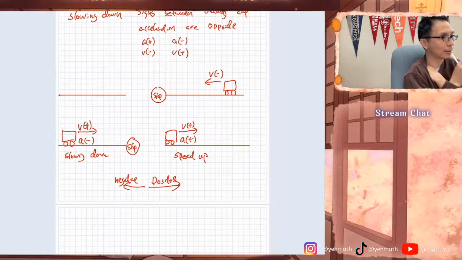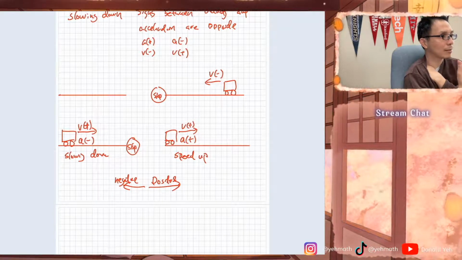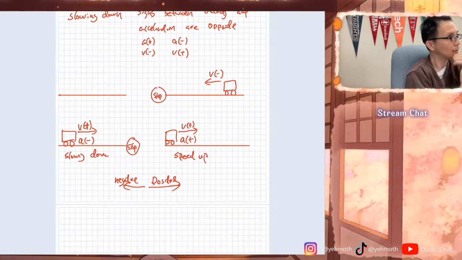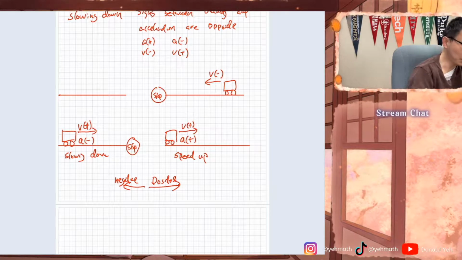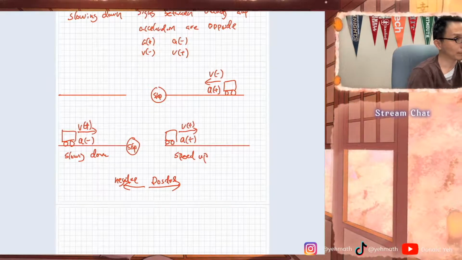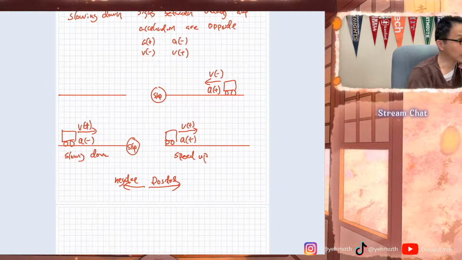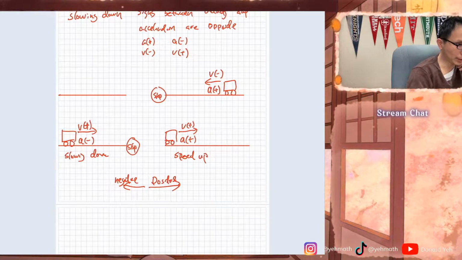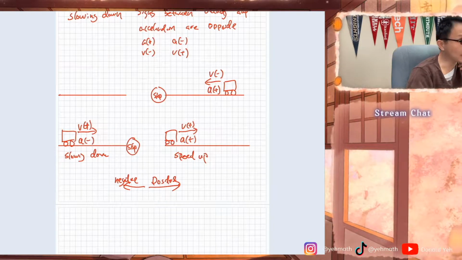Acceleration is positive. Does it make sense? Well, the truth is acceleration is positive. Why? Imagine you have some car is running this way, right? And this car has no brake.